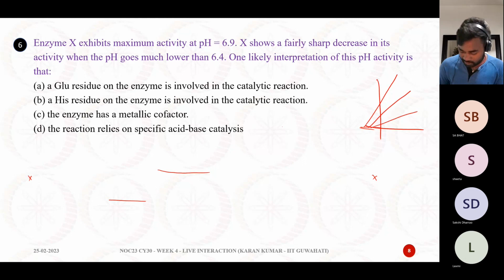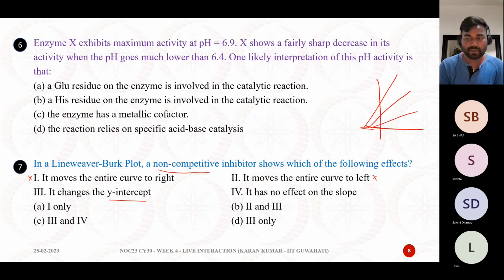In uncompetitive inhibitor, your slope will be fixed. But in case of non-competitive inhibitor, your y-intercept will change and the slope will be the same. It has no effect on the slope. Your option C is correct here.